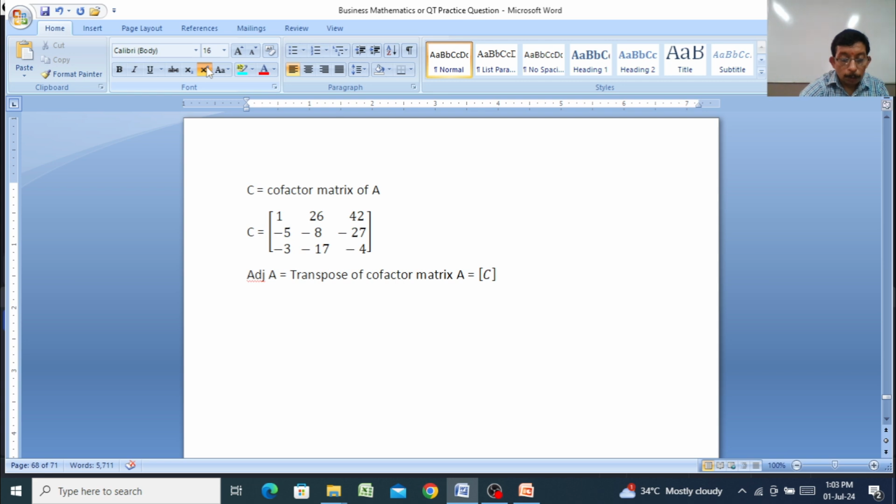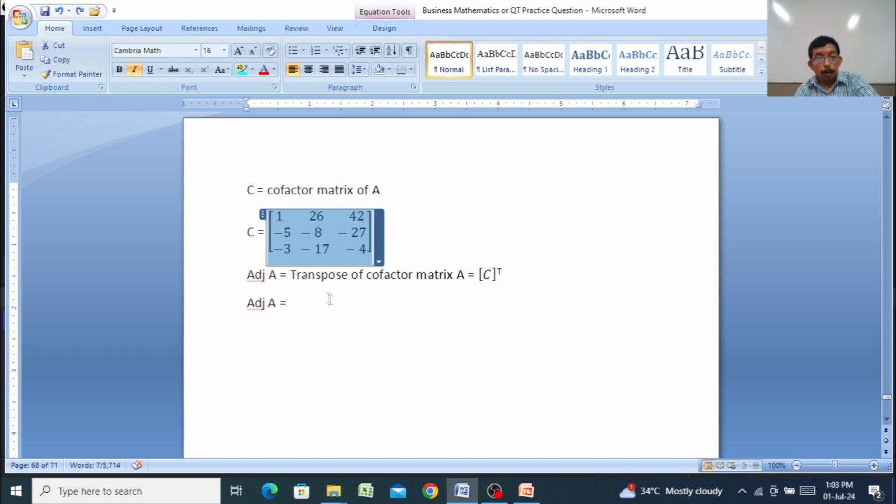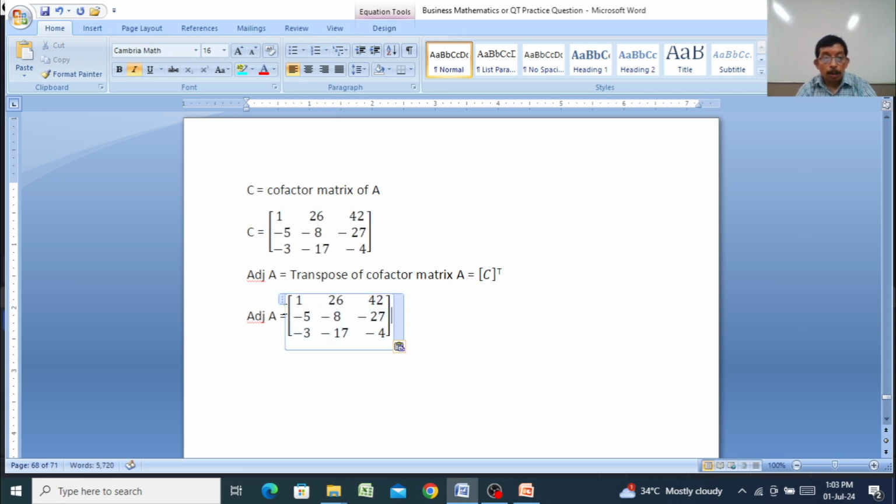Now the adjoint of A: row and column interchange. Transpose of the cofactor matrix means row and column interchange.